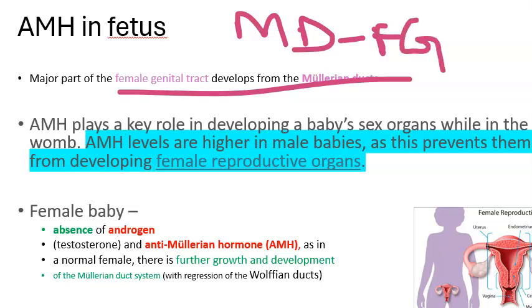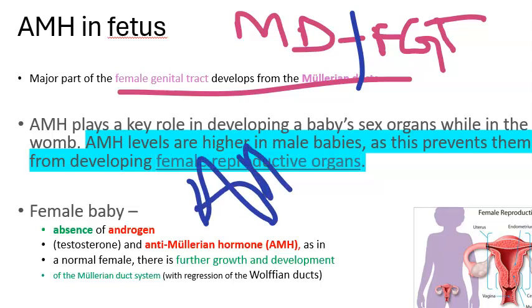Female genital tract. Now if this should not happen, that is in a male child, what does he need? Anti-Mullerian hormone, so that he does not develop female genital tracts from this Mullerian duct.